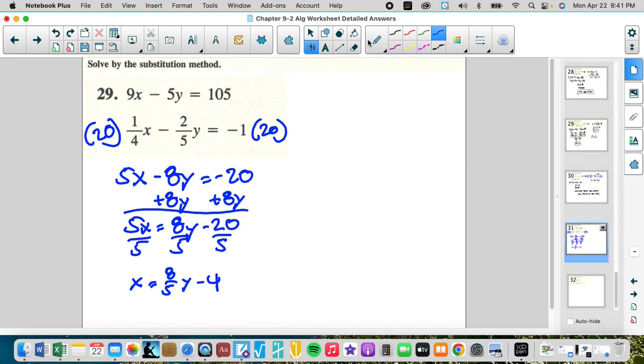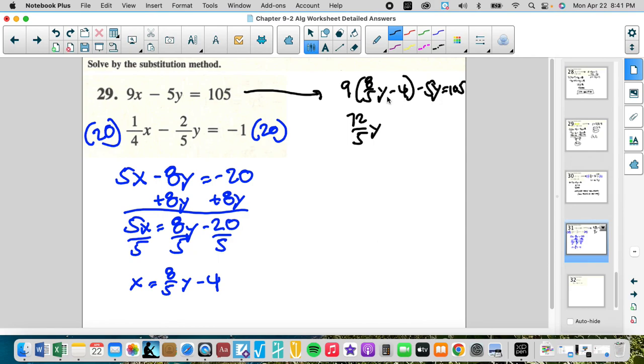Now we're going to go back here. Let's go back to this color. And where we see an x, we're going to plug in 8/5 y minus 4, minus 5y equals 105. Okay. Nothing cancels. That's 72/5 y. I mean, maybe I made a mistake.